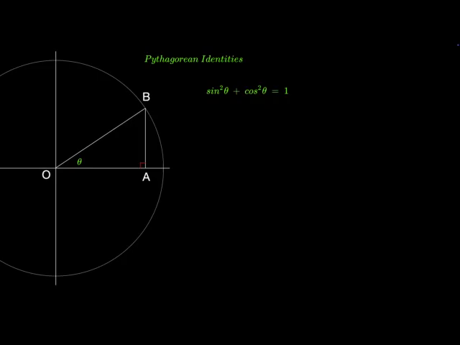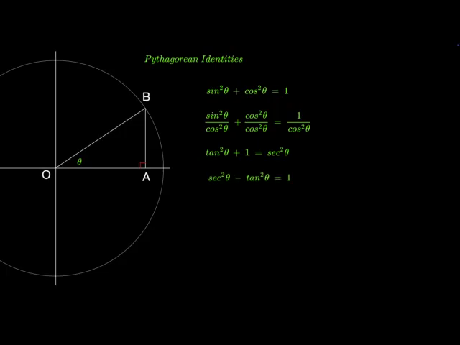We can divide this equation through by cosine squared of theta and recognize that the sine of theta over the cosine of theta is the tangent of theta, and 1 over cosine of theta is the secant of theta. And so we rewrite this equation as tangent squared of theta plus 1 equals the secant squared of theta.